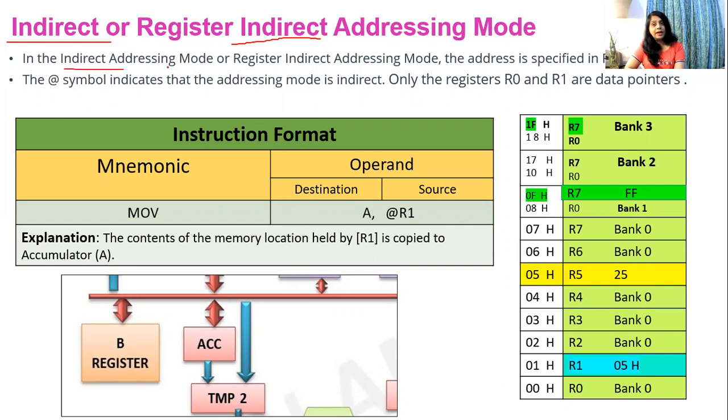Now in indirect addressing mode or register indirect addressing mode, both names are okay, either use indirect addressing mode or register indirect addressing mode. The address is specified in the register, and this @ symbol indicates that the addressing mode is indirect. Remember that if @ is mentioned, it indicates indirect addressing mode. Let's take an example.